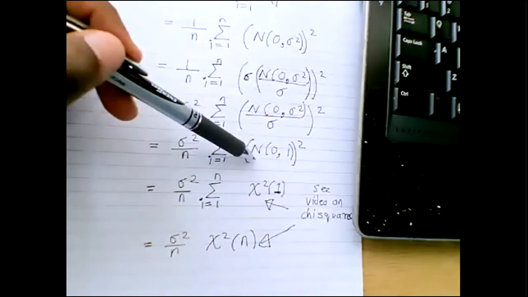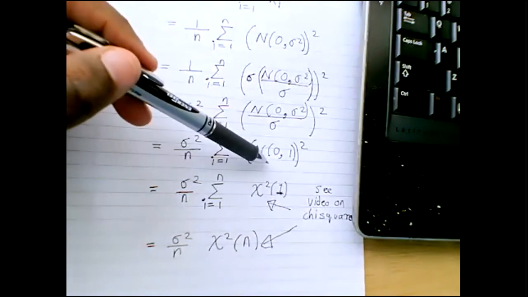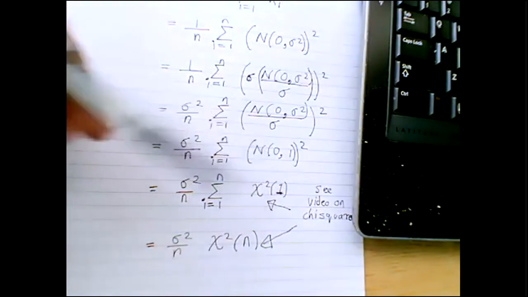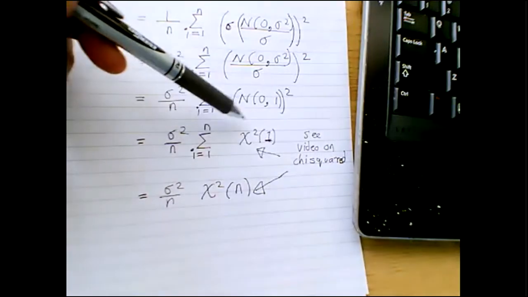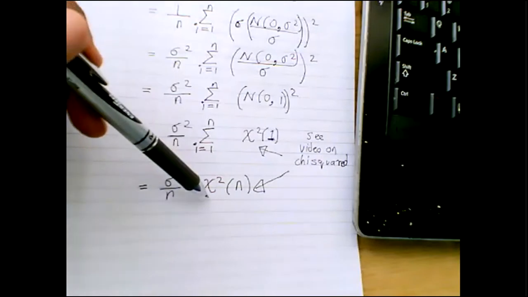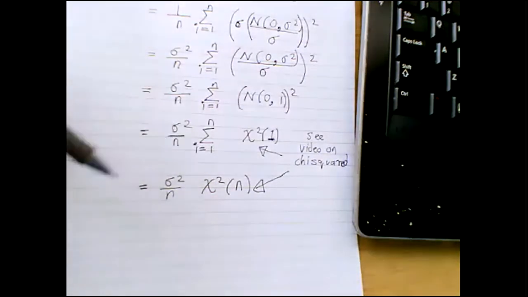So what you get here is the square of a standard normal variable, which, if you look at the video, you will see is a chi-squared with 1 degree of freedom. And again, the sum of chi-squared variables is chi-squared n.